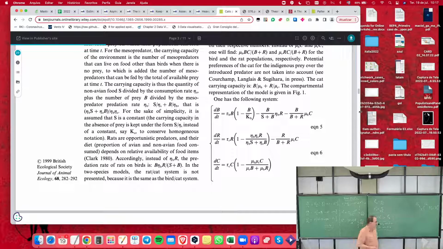Okay? But then there are some situations where the cats were first introduced to some rodents, mice essentially, and they have a super strong effect on the birds also because they prey on the eggs.